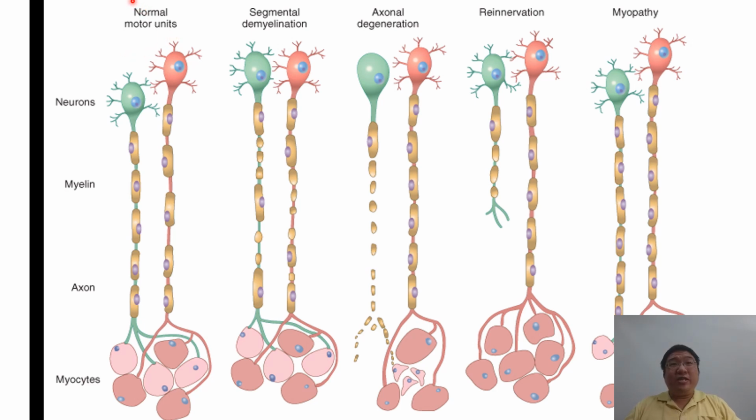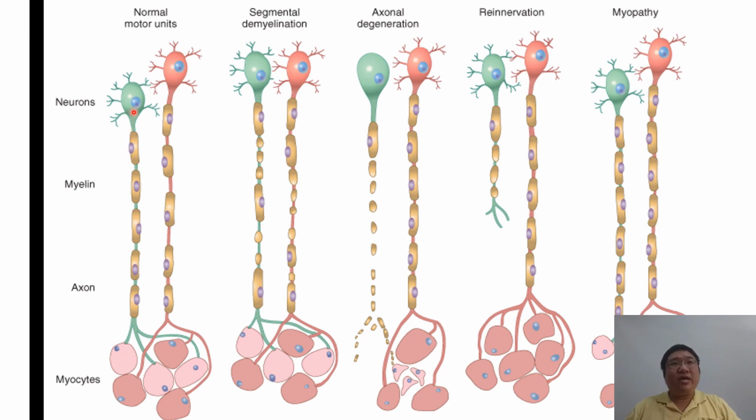The figure here shows two normal motor units. One motor unit is defined as the muscle fibers that are innervated by one motor neuron. So the type of the muscle fiber is determined by the motor neuron they are innervated by.